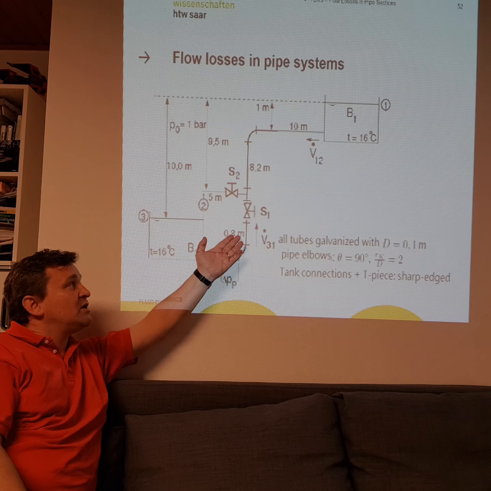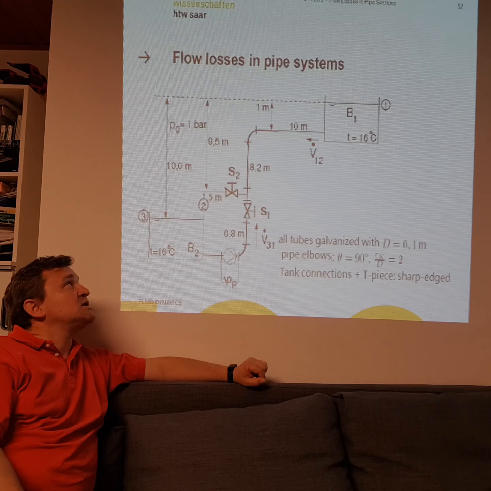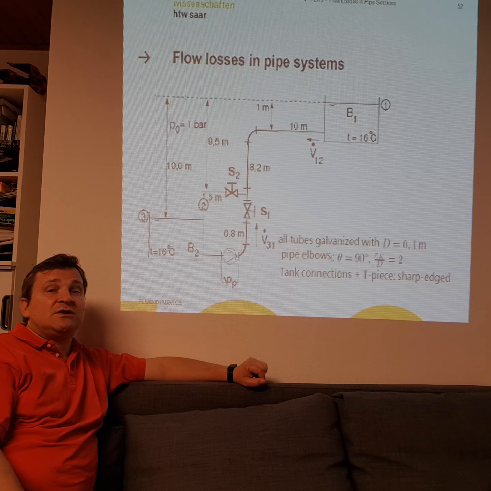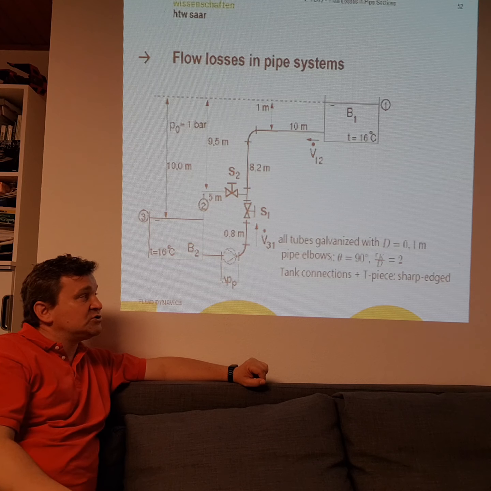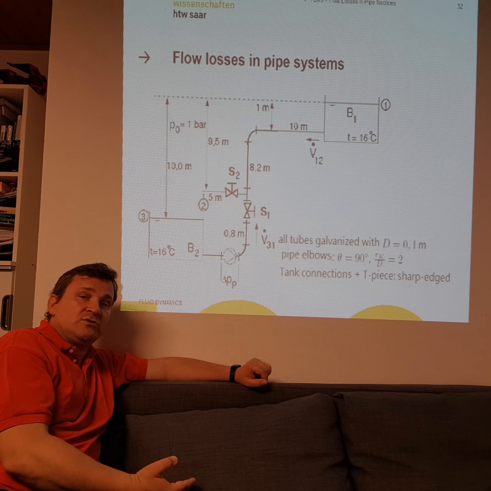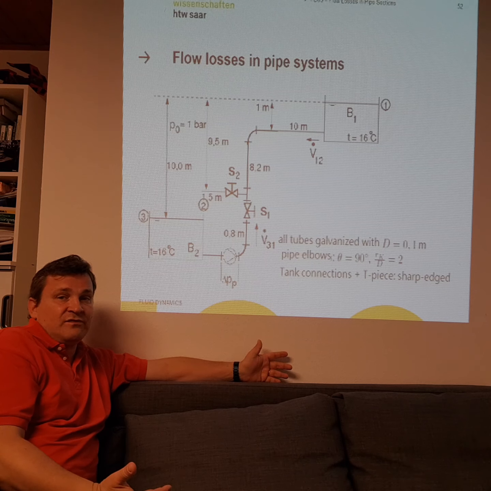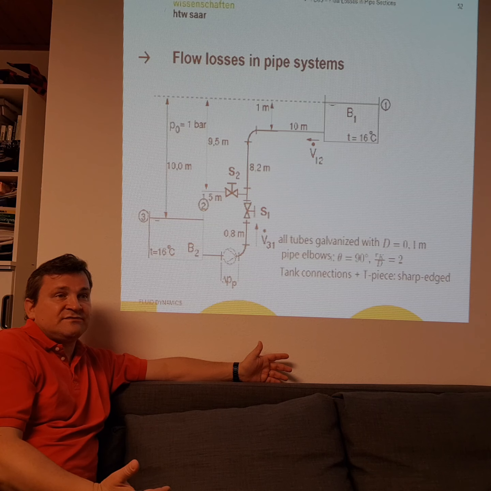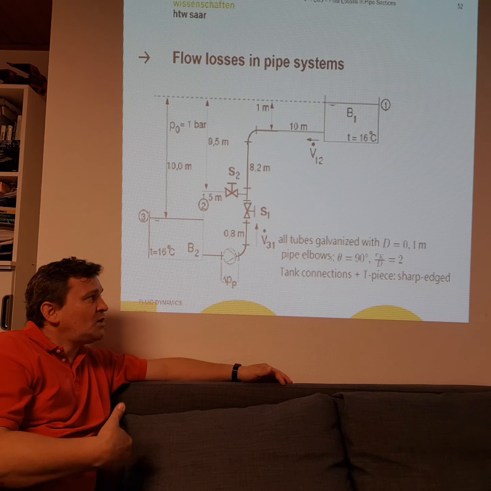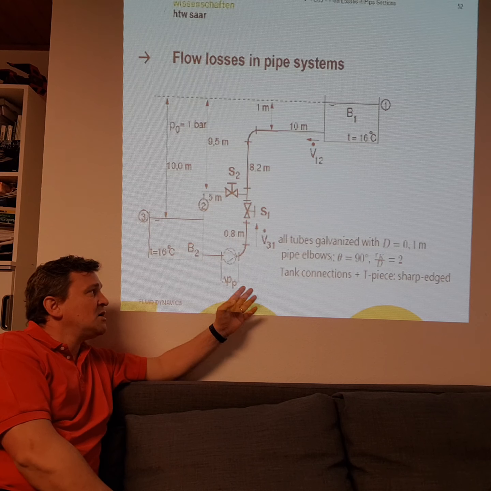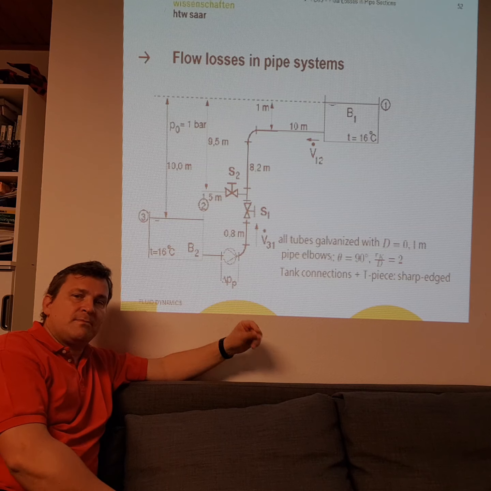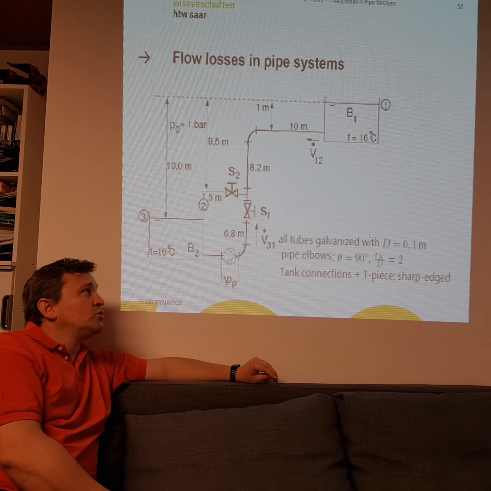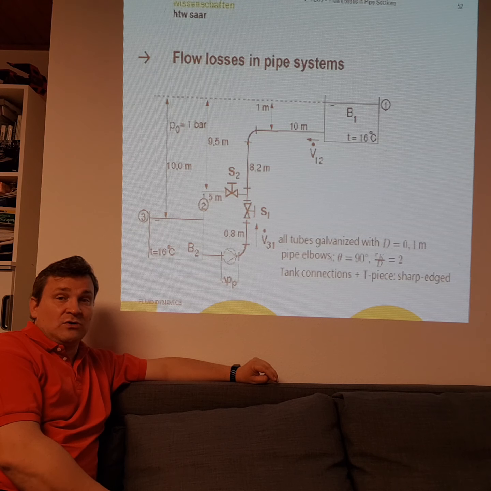You can look where you have your armatures, you then need characteristic zeta values, and you can go through your pipe, sum all the pressure drops up, add it to Bernoulli's law, and then you get a full energy balance for the whole pipe system. And you can calculate, for example, how big your pump must be, how much pressure your pump must deliver to transport the flow.